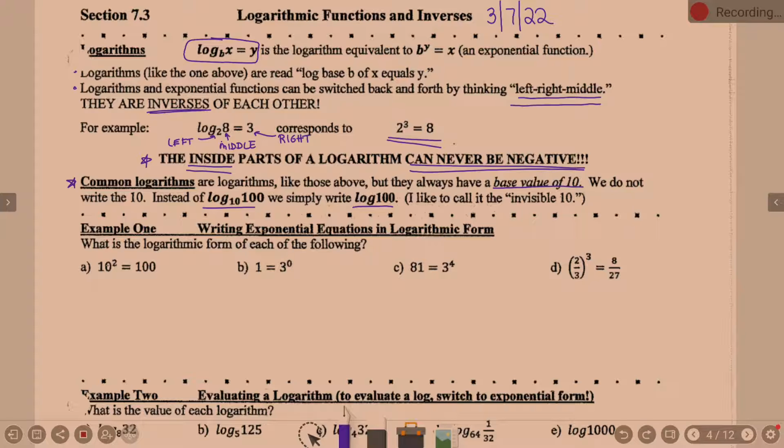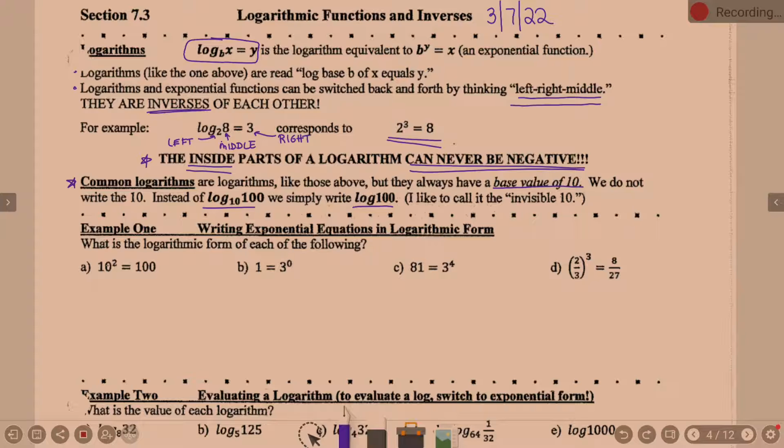Now, shall we look at example 1? In example 1, they're giving us an exponent equation, and they're asking us to write the logarithmic form. So it's the idea of using left, right, middle, but we get to go backwards.